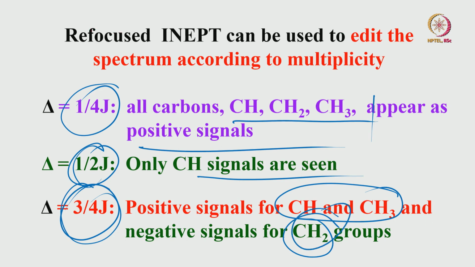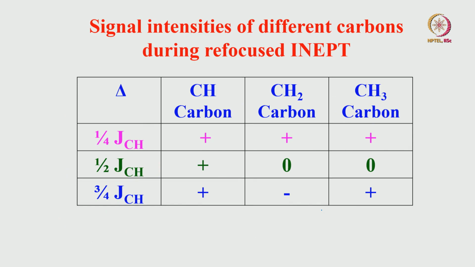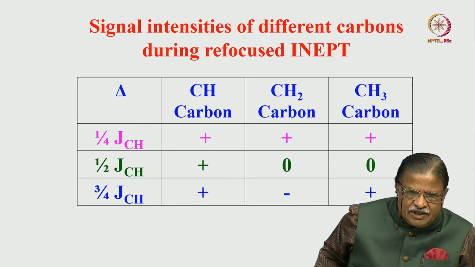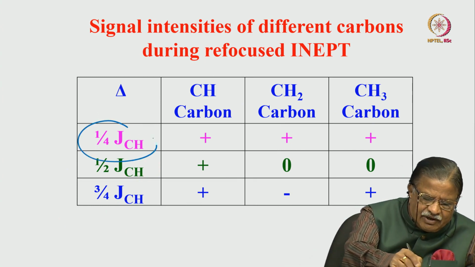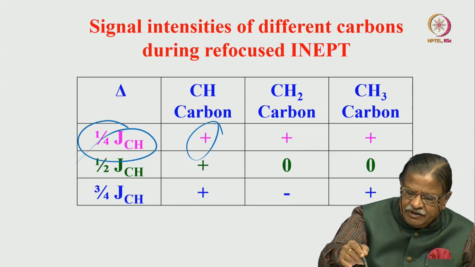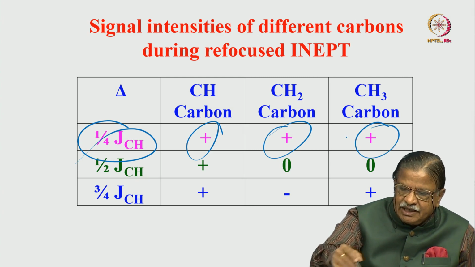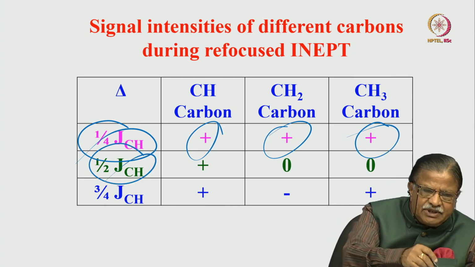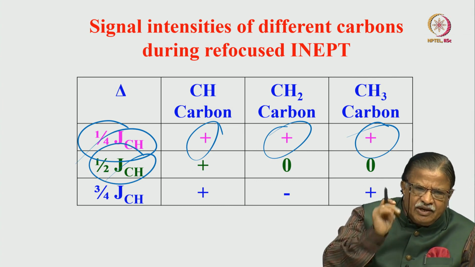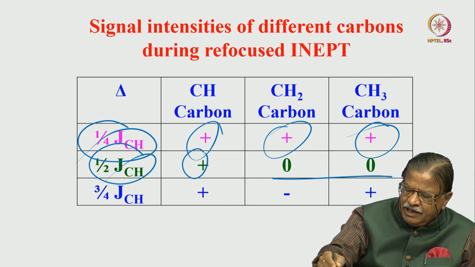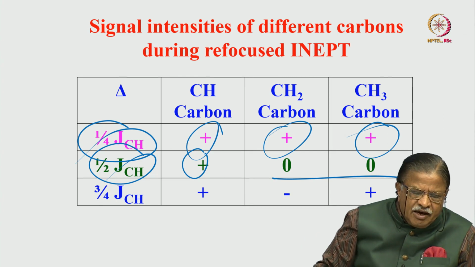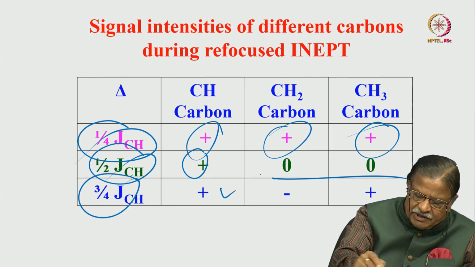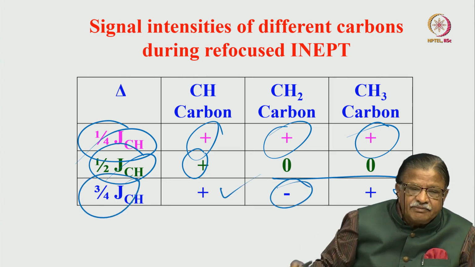See, these are the things now. I have made a table here of signal intensity of different carbons during refocused INEPT. Put a delta value equal to 1/4J: CH is positive, CH2 is positive, CH3 is positive. Put delta equal to 1/2J instead of 1/4J, you will see only the CH carbon; the other two disappear. Put 3/4J: this is positive, this is positive, this is negative.